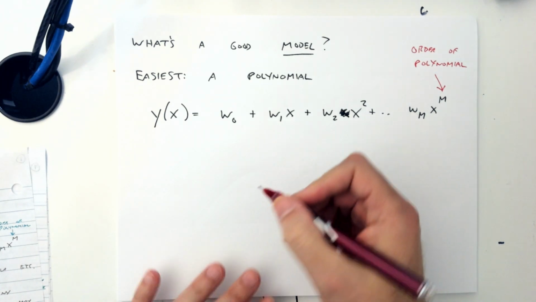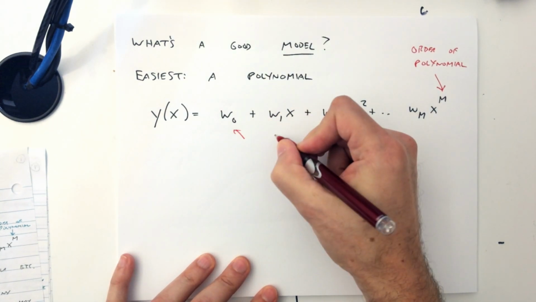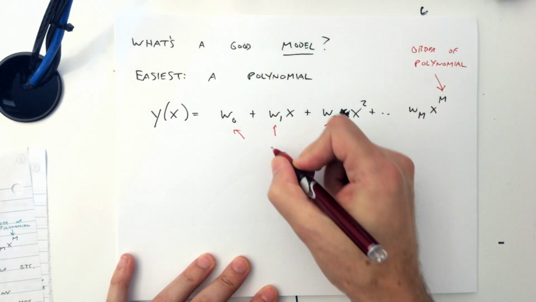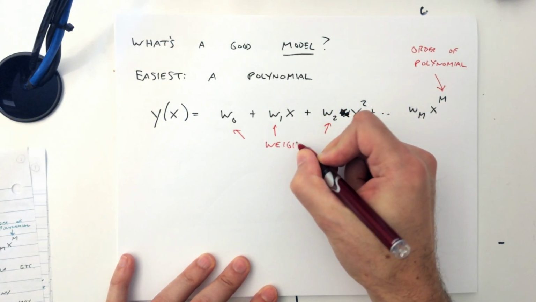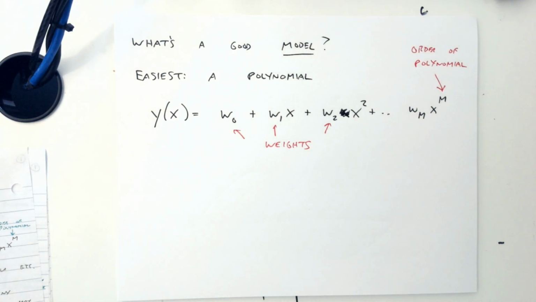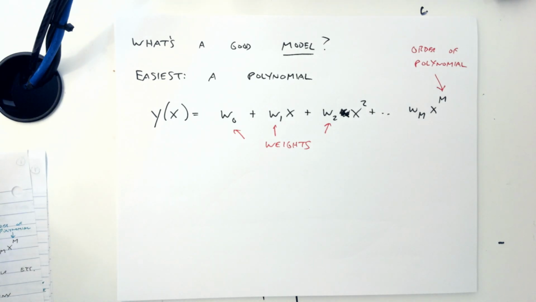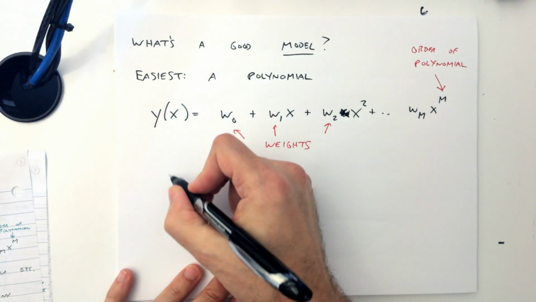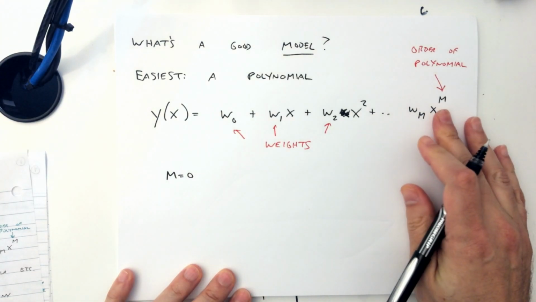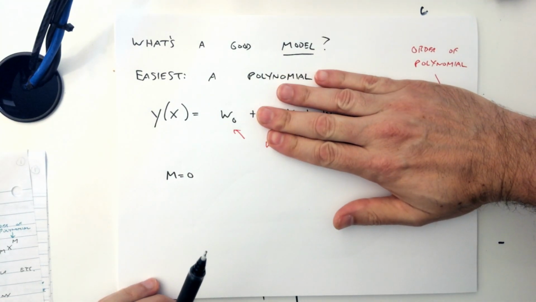And then these values here are what we want to learn, right? These are called weights. I mean, you could call them coefficients, but in a machine learning frame of mind, we want to call them weights, okay? And so let's think about what we know. If m equals 0, that means I don't have any of this part, and all I have is w0.